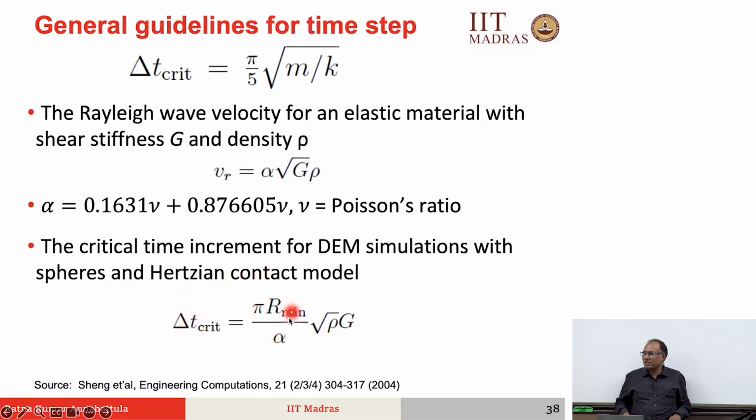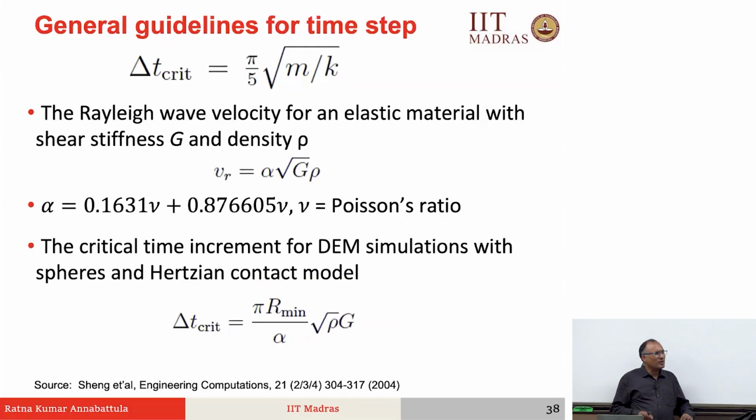That means your delta t cannot be larger than this, where r is r min, meaning the smallest particle radius, rho is the density, g is the shear modulus, and alpha is a function of Poisson's ratio. So typically what people do is they choose their delta t to be around 1/5 or 1/10 of the critical delta t, just to be safe.